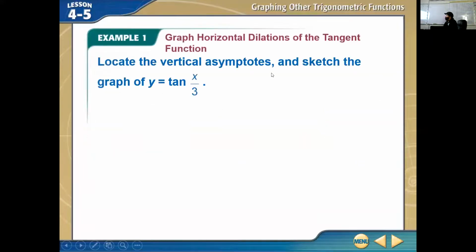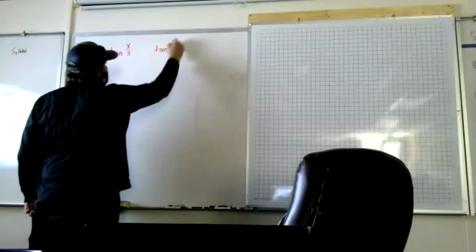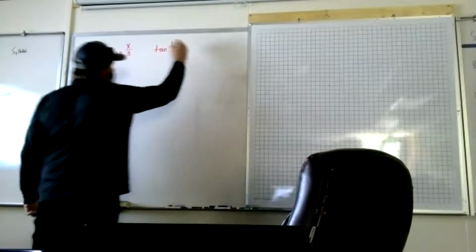All right, so let's graph one. Locate the vertical asymptotes and sketch the graph of y equals the tangent of x over 3. So remember, there's no amplitude factor in tangent. So in all reality, we're really dealing with tangent of 1/3 times x.